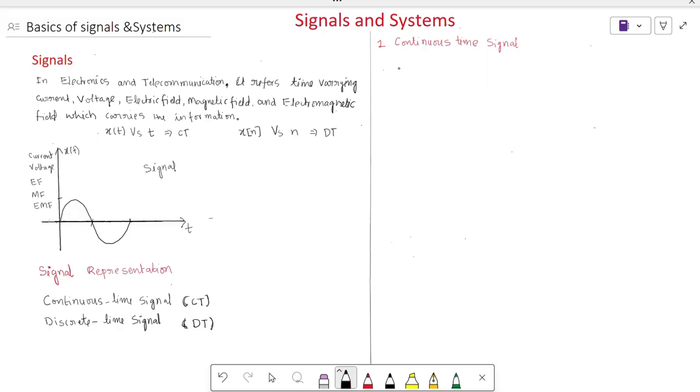In a continuous time signal, as I told you, the magnitude is defined for all values of time.